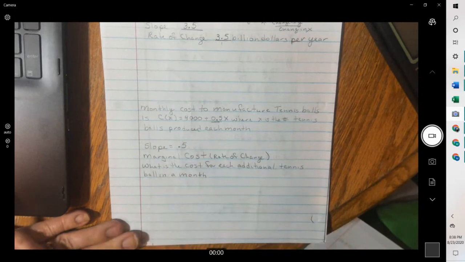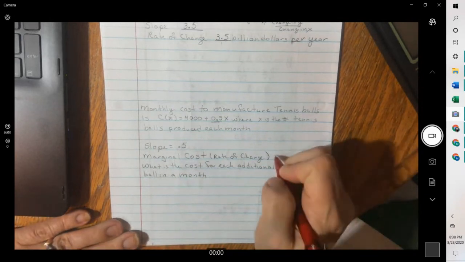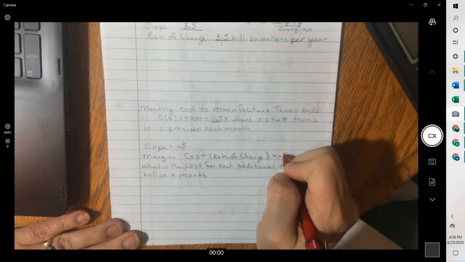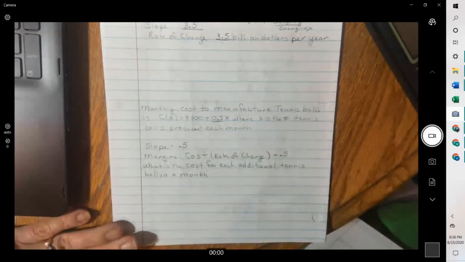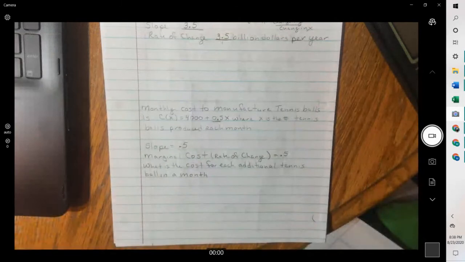Marginal cost is rate of change. It's slope, when we're linear anyway. It's how it's changing, and in this case, because it's a straight line, it's changing by its slope. What is the cost for each additional tennis ball in a month?